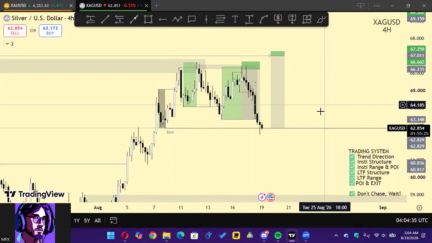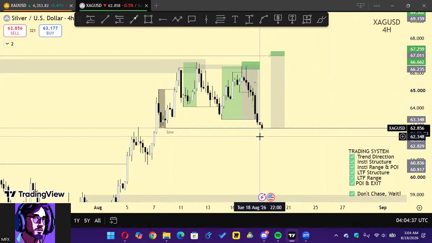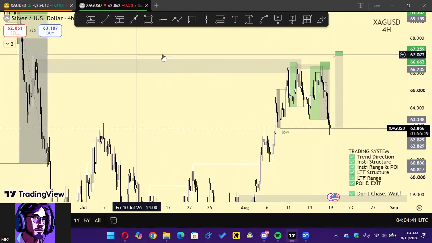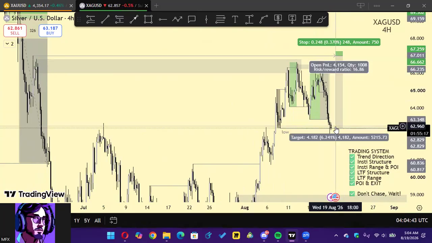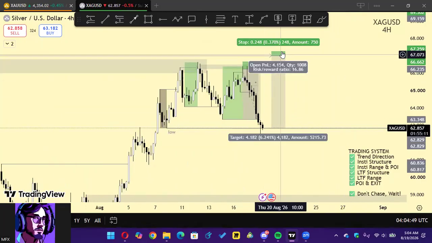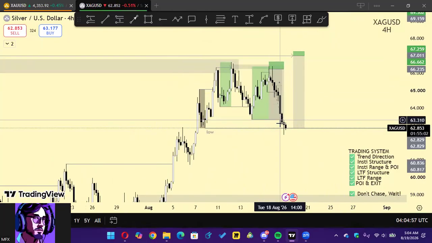But if it doesn't break, then my liquidity entry model, which is this, will be valid. If price doesn't break and we start seeing price pushing higher with high momentum, I'm going to place this on paper trading because this is going to be valid.